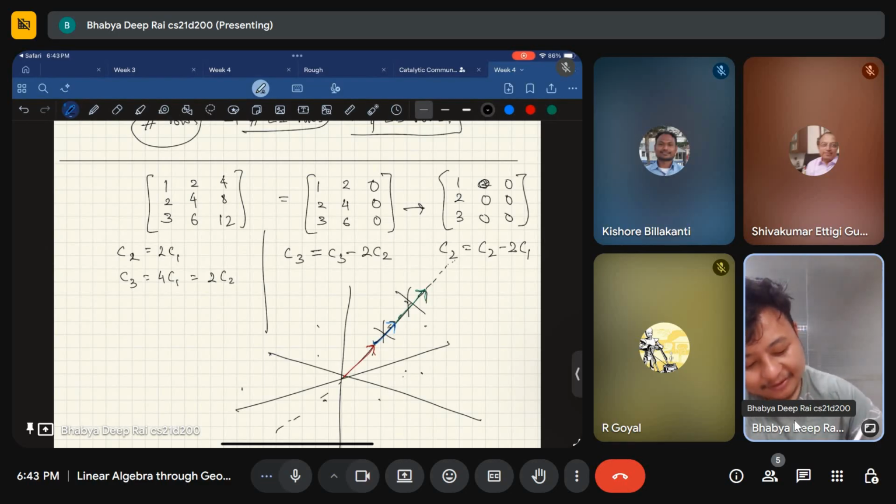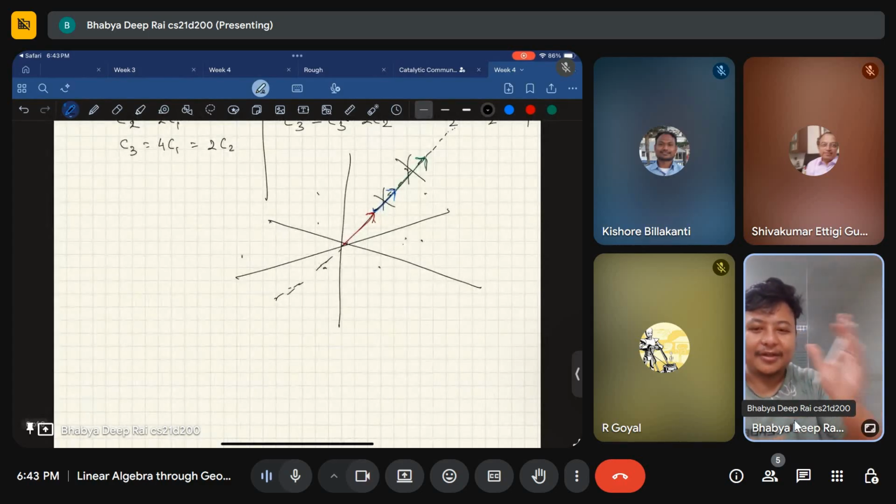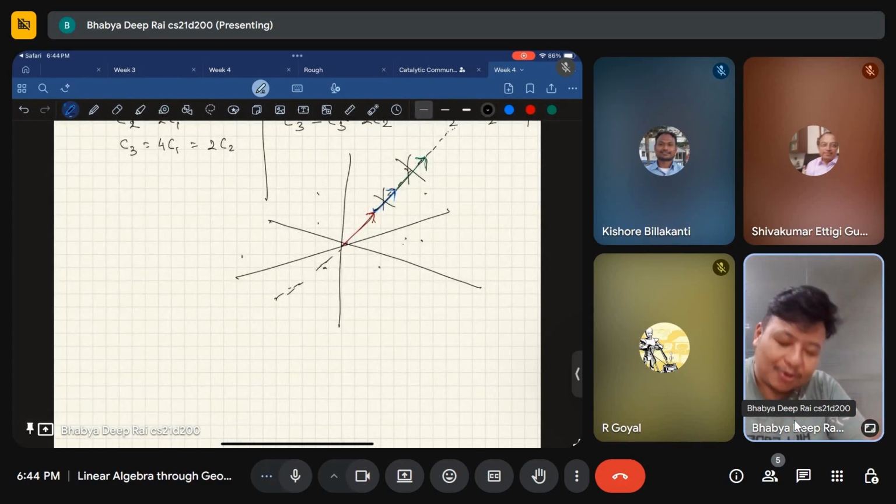You can only travel through this line, and that's it. That is what the reduced row echelon matrix actually represents. It gives you a good idea of which areas you can travel.